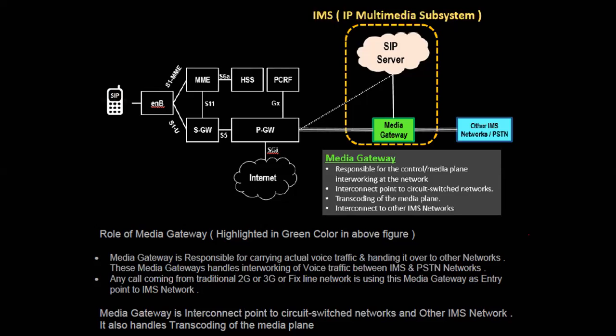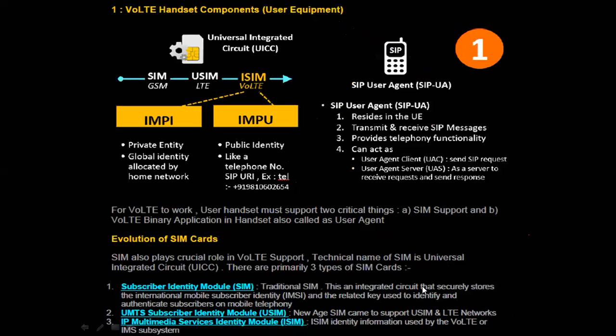The media gateway is an interconnect point between the CS circuit switch network and another IMS network. It also handles transcoding of the media plane.